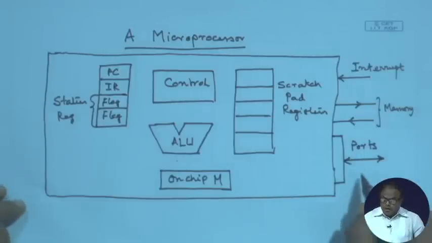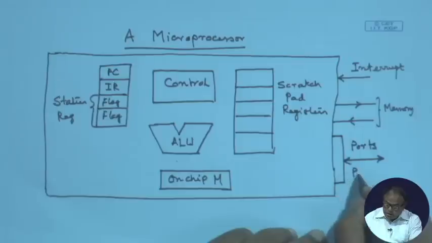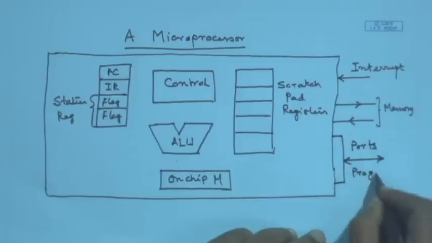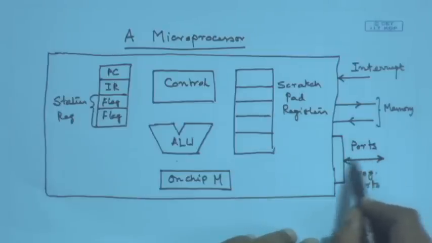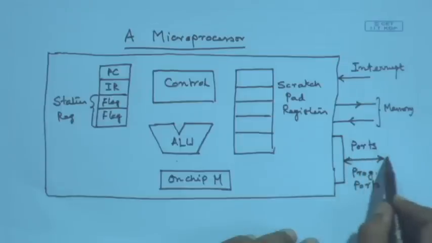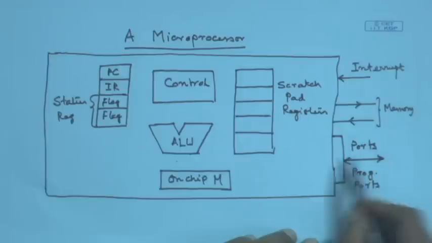all right. Now, these ports are often programmable, right. So, these are often programmable ports. That means that I can program these ports either to be acting as an input or as an output.